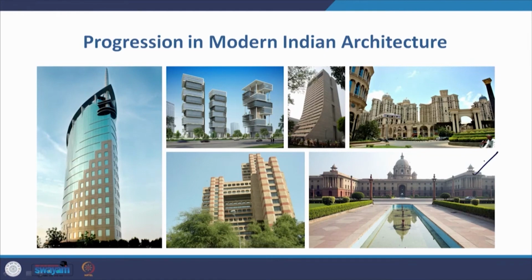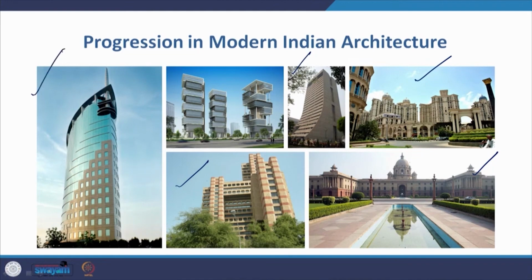Again we have this progression that you see: neoclassical, then we have critical regional. This is the STC building by Raj Rewal. In between we have the modernist response of brutalism by Kuldeep Singh. We have the modern Indian vernacular, postmodernistic, eclectic response we find in Hiranandani Apartments by Hafeez Contractor.